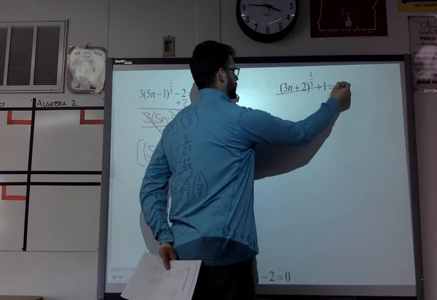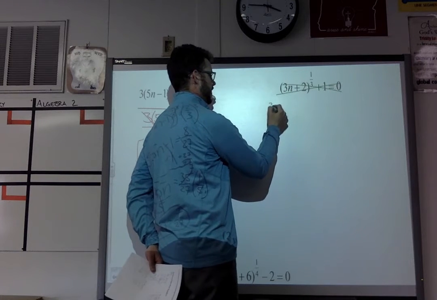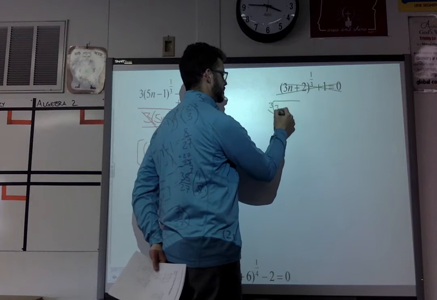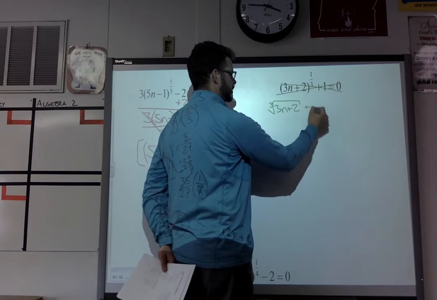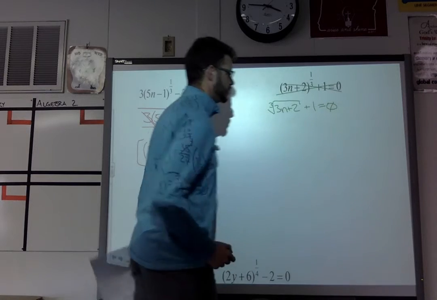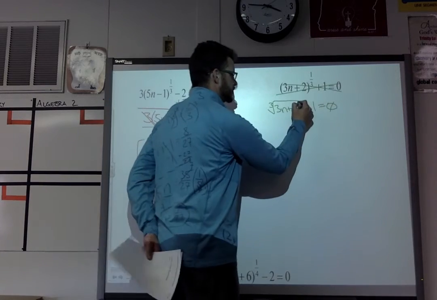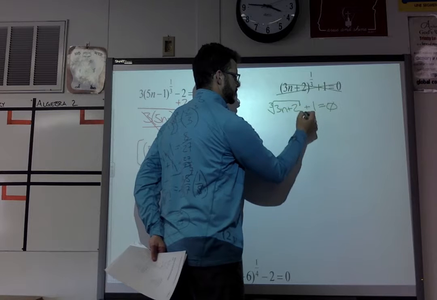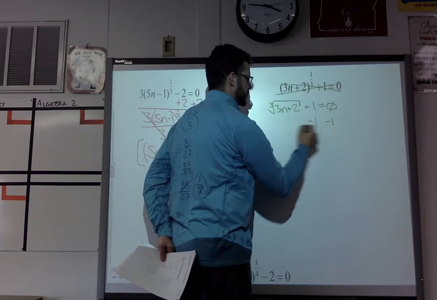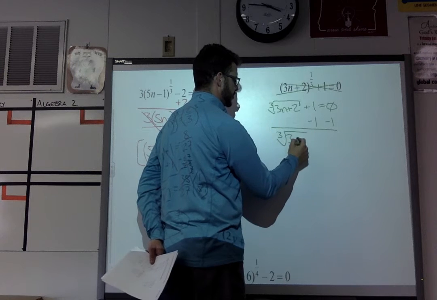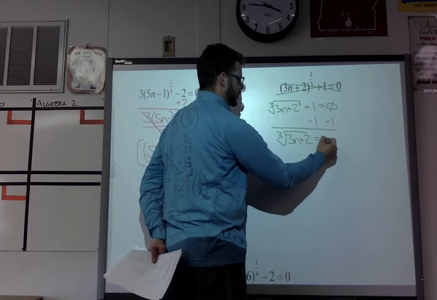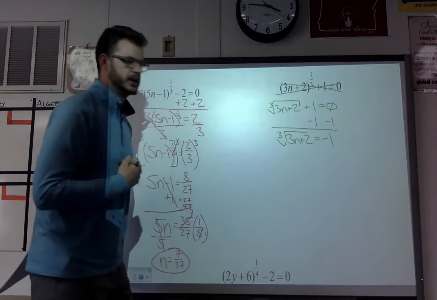So instead of looking at this, we're going to look at the cubed root of 3n plus 2 plus 1 is equal to 0. So I'm going to start by subtracting 1. I'm left with the cubed root of 3n plus 2 is equal to negative 1.